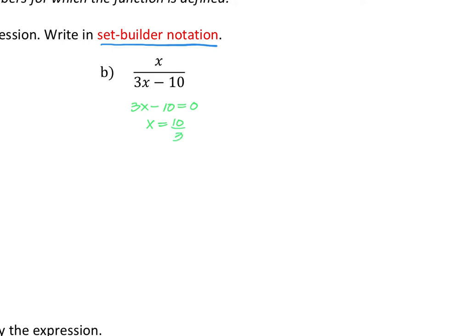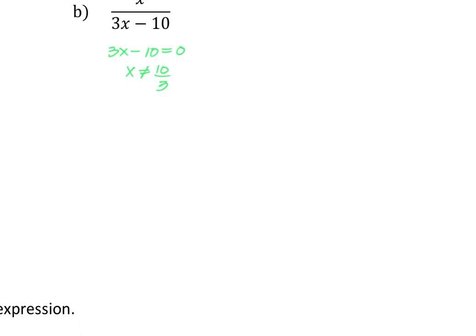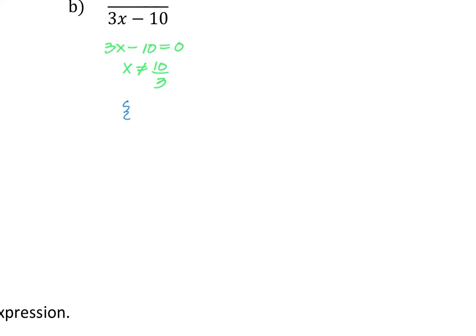So remember, x cannot be equal to 10 over 3. That's our problem, which means our domain would be all elements x such that x cannot be equal to 10 over 3. In other words, I can use any x except 10 over 3.